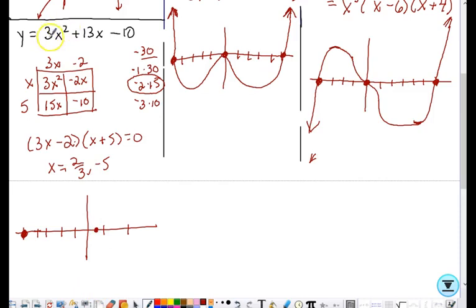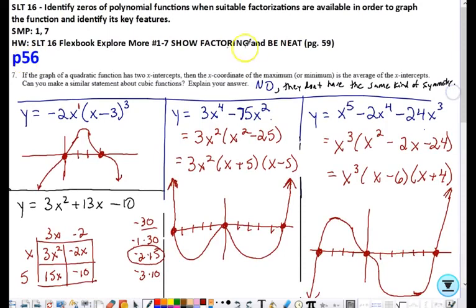Even degree, positive leading coefficient, multiplicities of 1. So we go straight through. Come on. Third time. There we go. Straight through our roots. Okay, so now your homework, 1 through 7, show your factoring and then sketch the graphs.